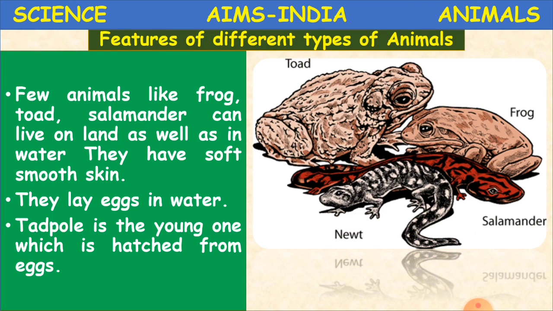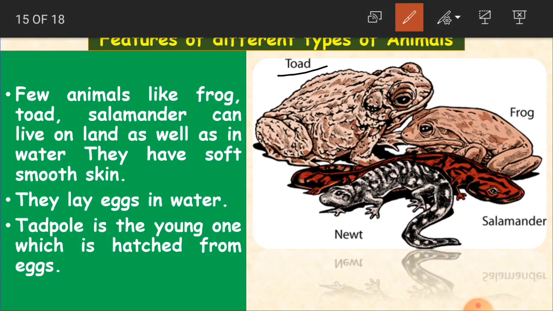This is the toad, this one is the frog, this is the salamander, and this is the newt. These animals are of the same type. They can live both on land and in water. Their skin is soft, smooth and moist. Moist means their skin is always wet.